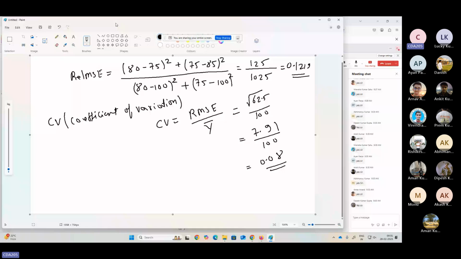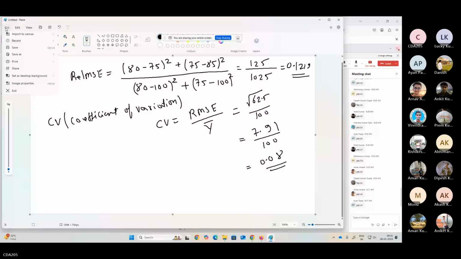Okay. Now one more thing is there. So everyone is clear with this? How to do the calculation and how to calculate the value? Okay. So now we can move to the next part.